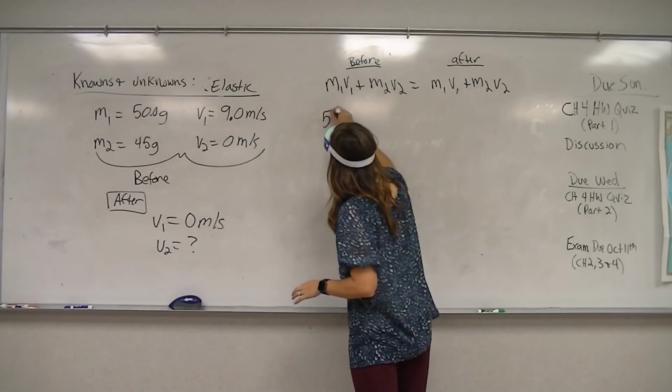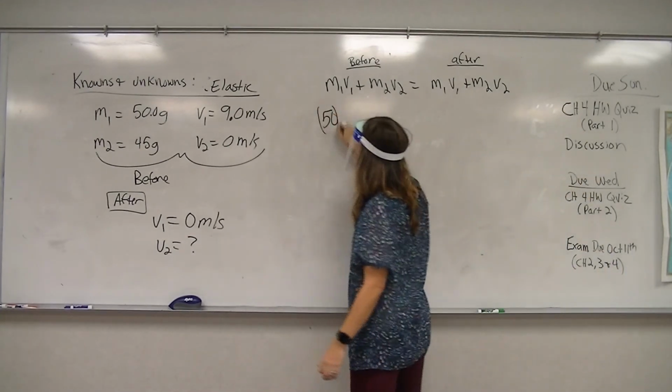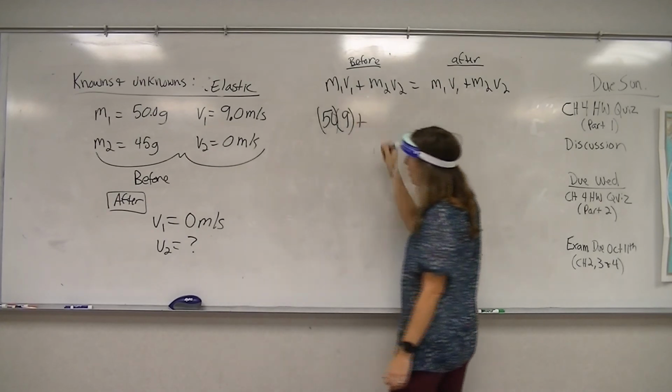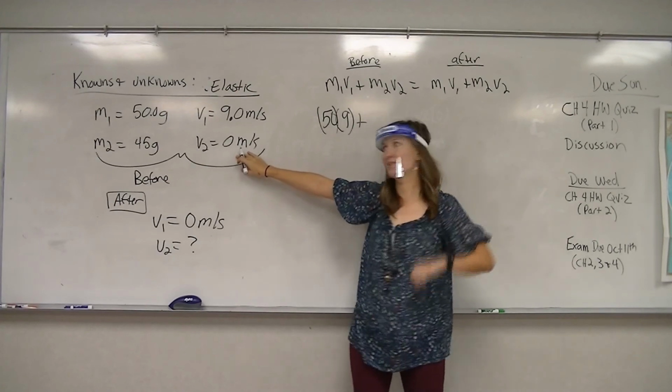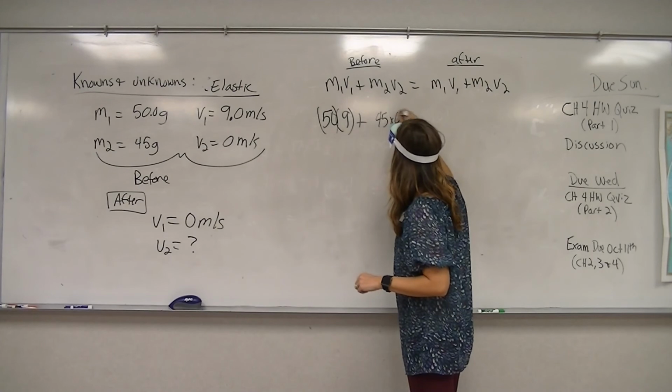So, with that said, let's plug them in how they are. We get 50 for mass 1. The velocity before was 9. Ball 2, notice ball 2 has 0 velocity, so its momentum is 0. I'll write it out anyway, just to show.